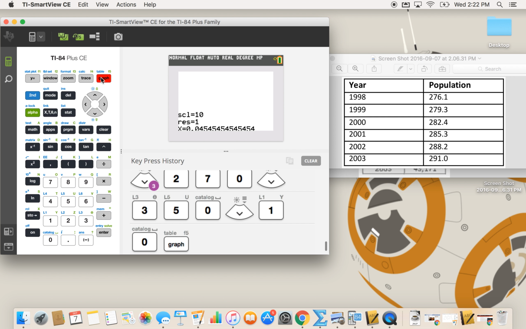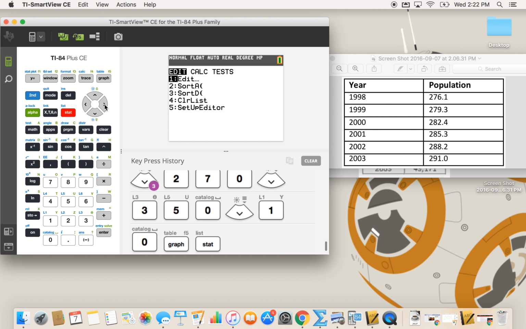Okay, and if I look at this plot, there it is. It doesn't look that exponential, but we're trusting that it is. It looks kind of like it could be linear, but we're told to do an exponential regression, so that's what we're going to do. So I go over to calc, and I keep going down, down, down.